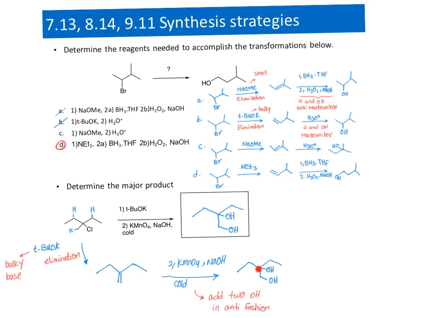If this carbon or this carbon was a chiral carbon, we would need to show the stereochemistry, and we know the stereochemistry must be opposite because we are adding 2 OH groups across this double bond in anti-fashion from the opposite sides.